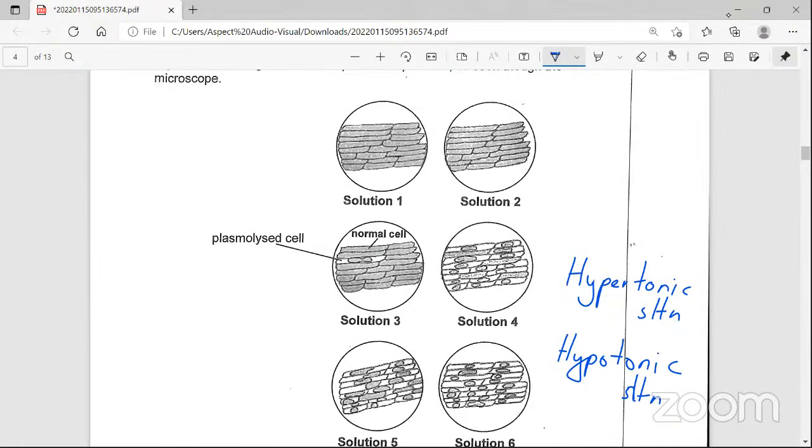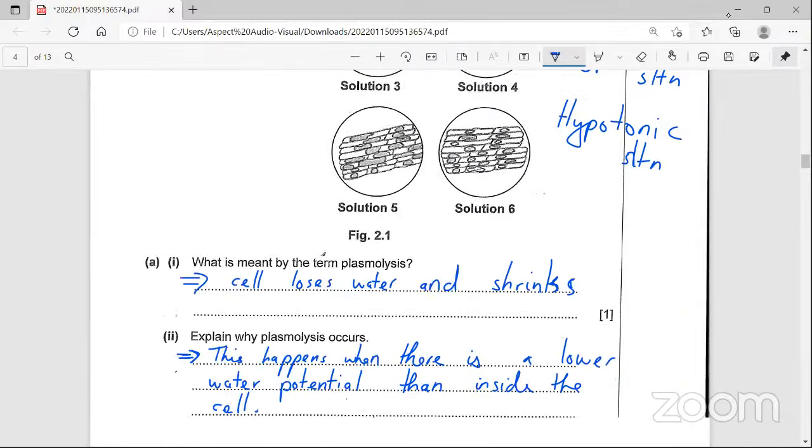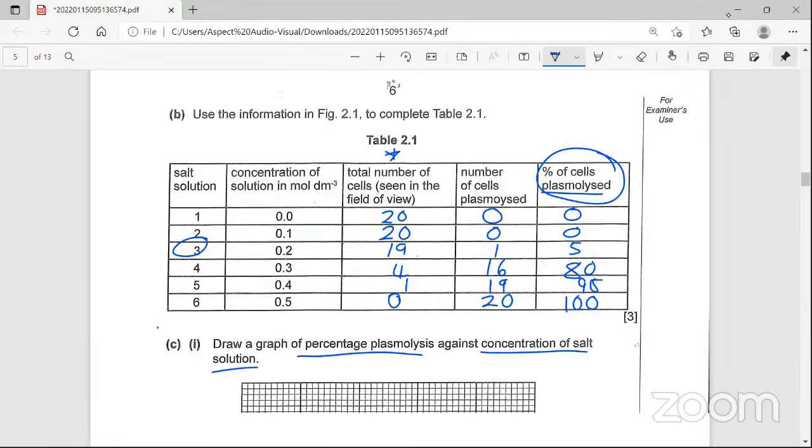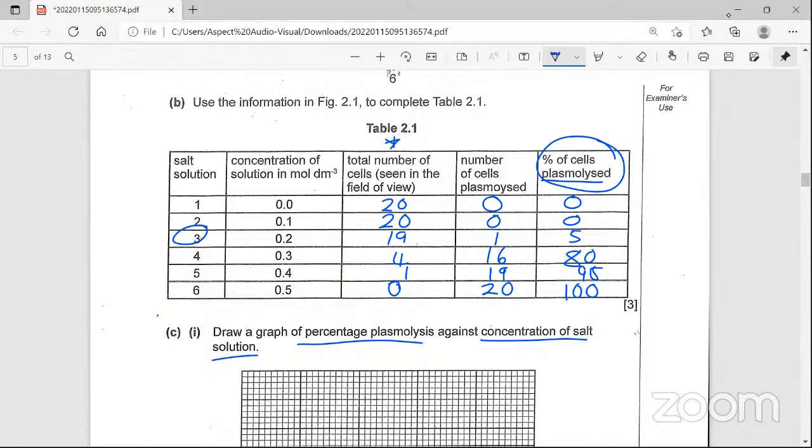So it will just be 20, 20, 20, 20, 20, because they're saying total number of cells seen in the field of view. Yeah, that makes sense. Right, thank you for that.